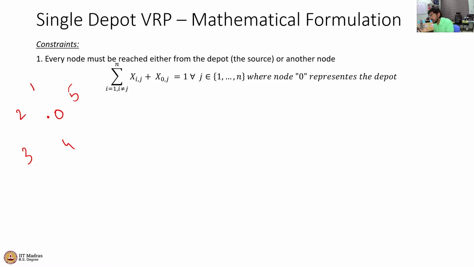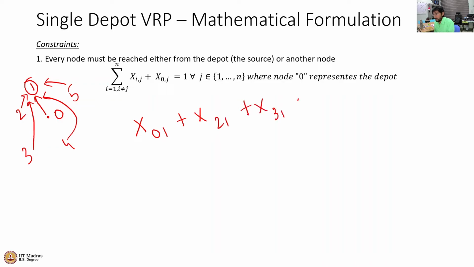Let's say we take node 1. What does that mean? If I have to go to node 1, I must either go from 2 to 1, or from 3 to 1, or from 4 to 1, or from 5 to 1, or I must have had it as my starting node and gone from 0 to 1. That is my constraint. So how do I ensure this? I ensure this by saying either 0 to 1, or 2 to 1, or 3 to 1, or 4 to 1, or 5 to 1 is equal to 1.